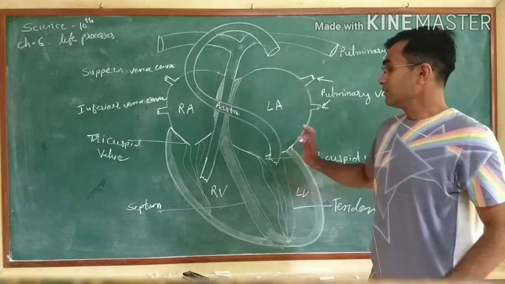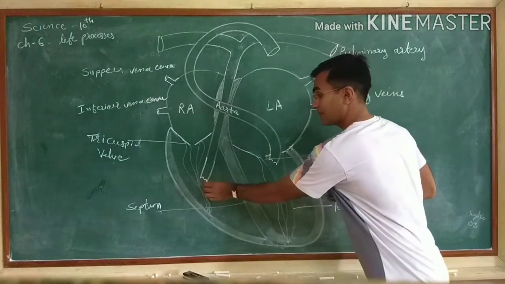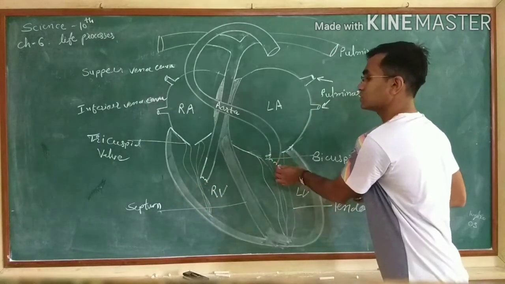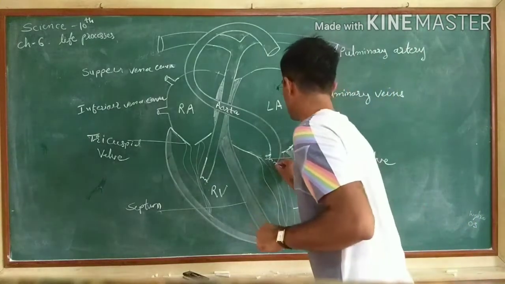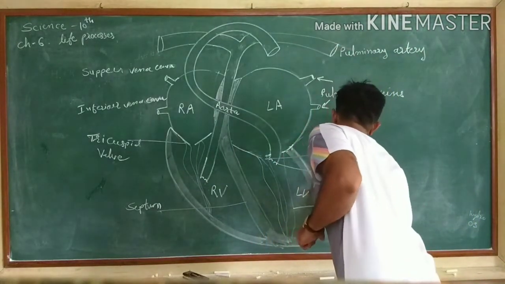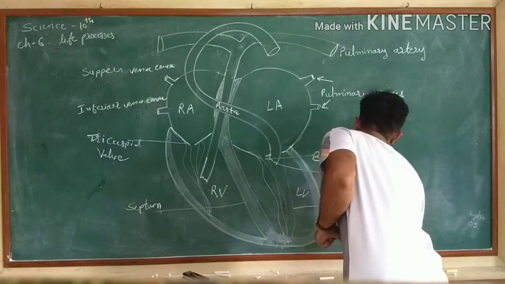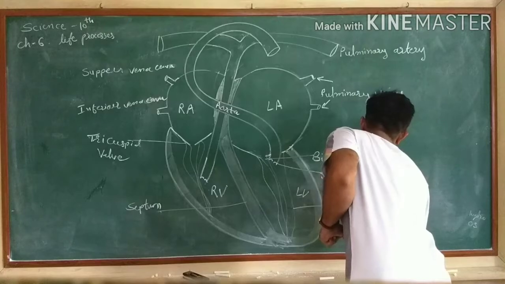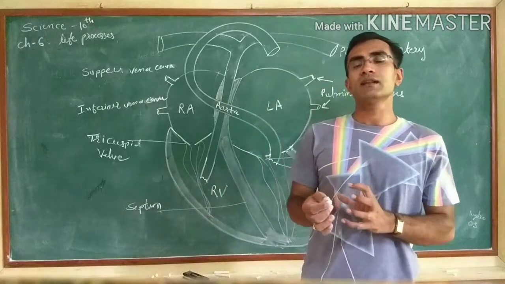The valves which are present both in the pulmonary artery as well as the aorta are called semi-lunar valves. I will write over here: semi-lunar valve. Why is the name given like that?